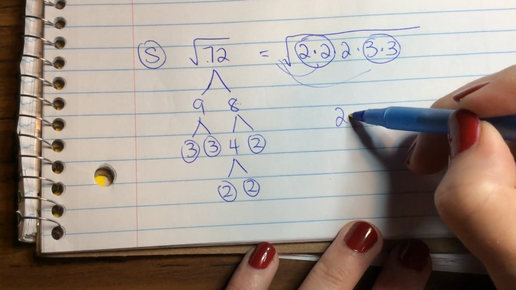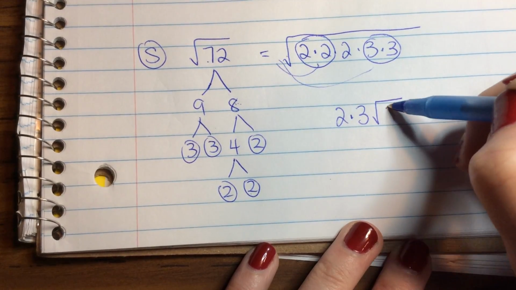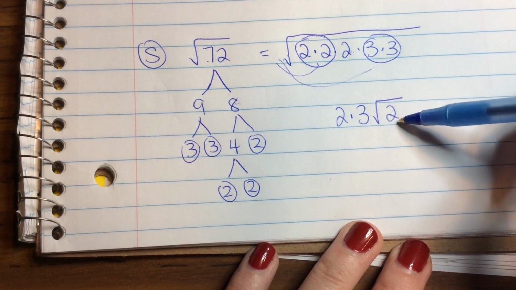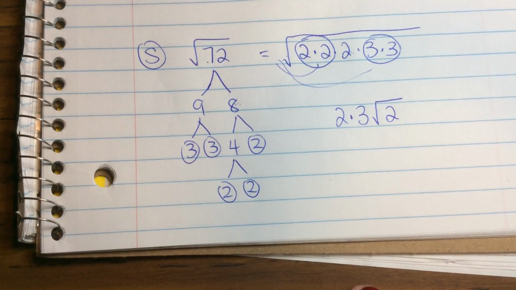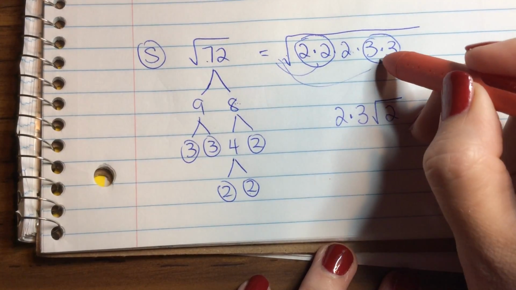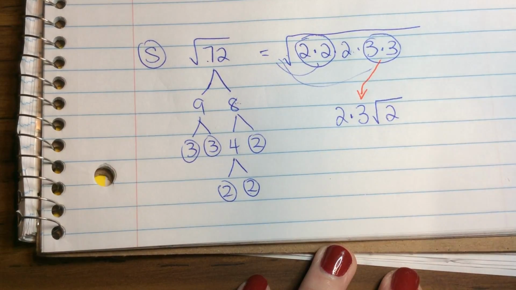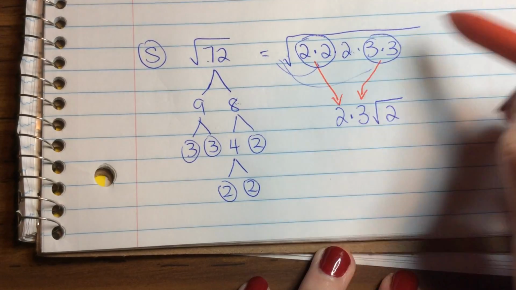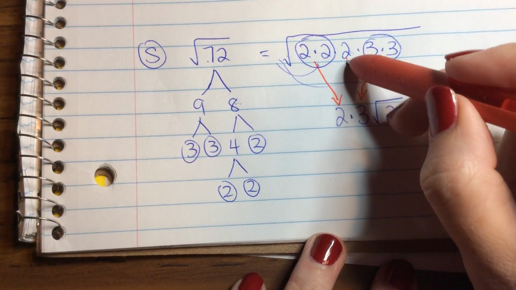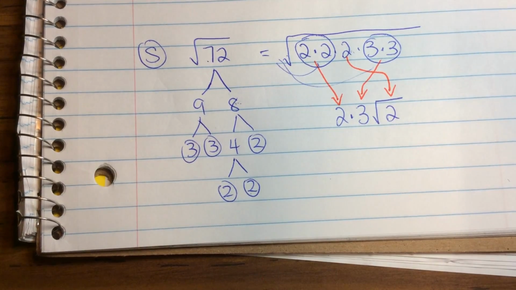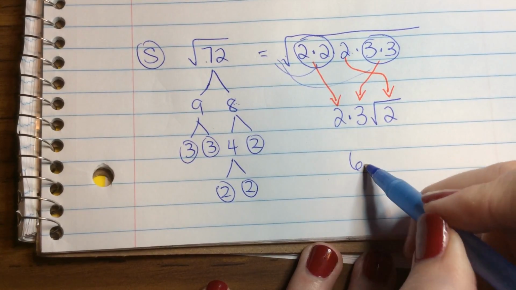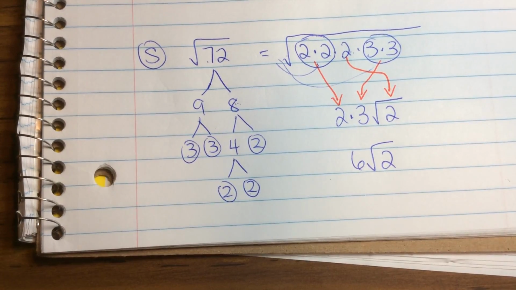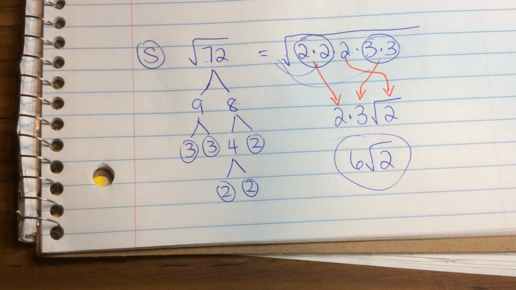And I'm going to be left with 2 times 3. And then this 2 had to stay in the house because it did not have a pair. So just to be really clear, this 3 comes from that pair. This 2 comes from this pair. And this 2 did not have a pair, so it had to stay in the house. And then we simplify it, finalize it, and we get 6 square roots of 2. Final answer.